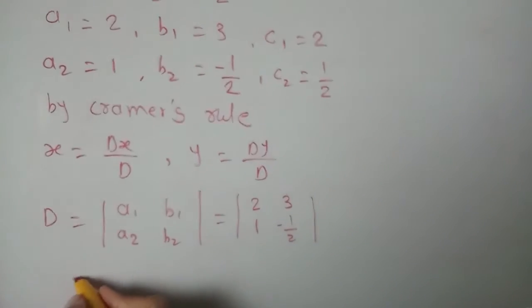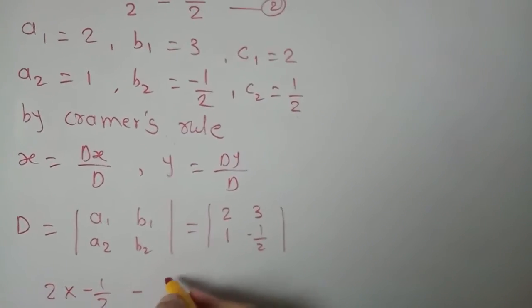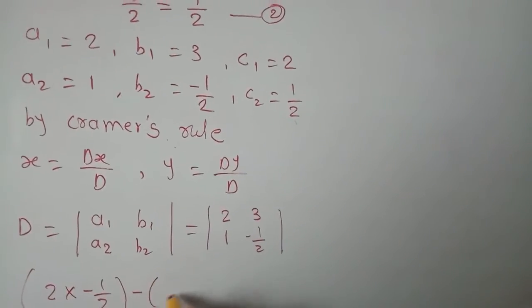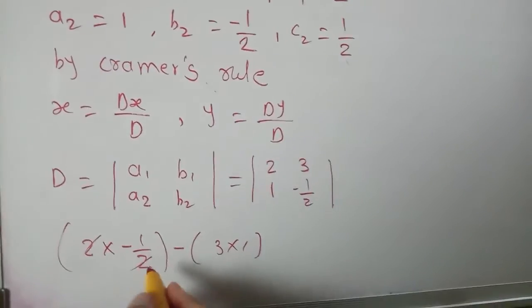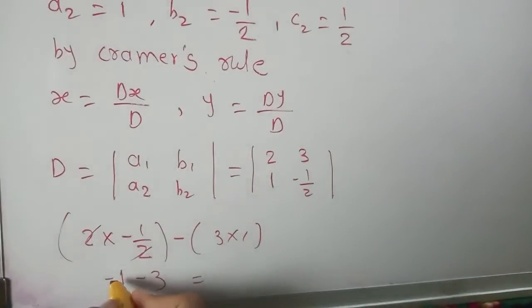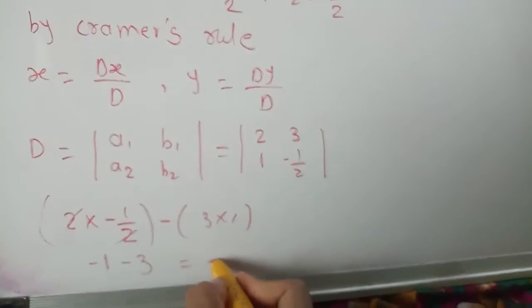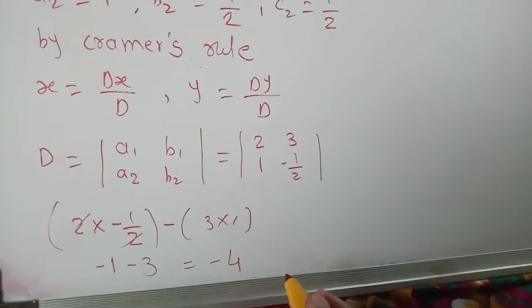So cross multiplication, 2 into minus 1 upon 2 minus 3 into 1. So 2 get cancelled, minus 1 minus 3 is equals to minus 4. So d is equals to minus 4.